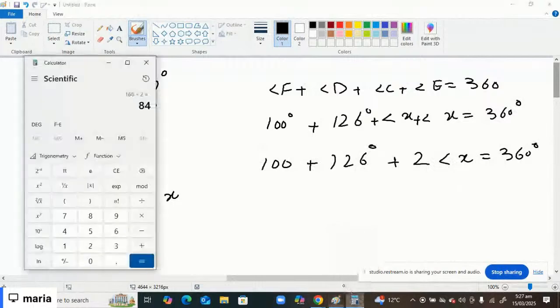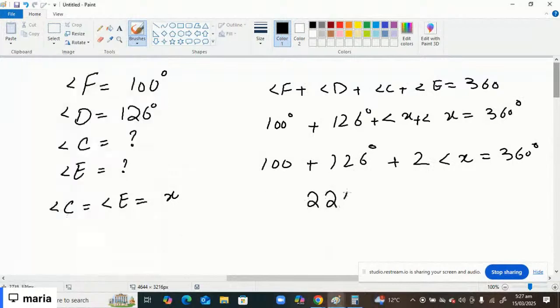Now adding 100 and 126, we get 226 plus 2 angle X, which is equal to 360.